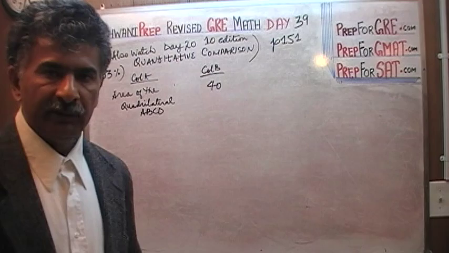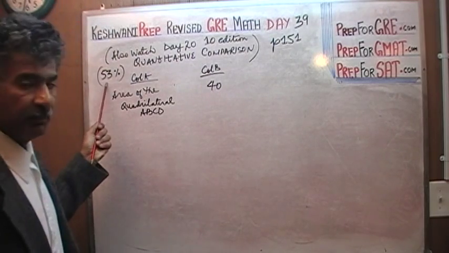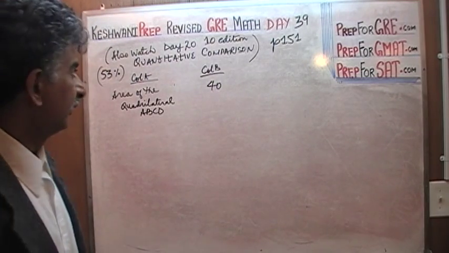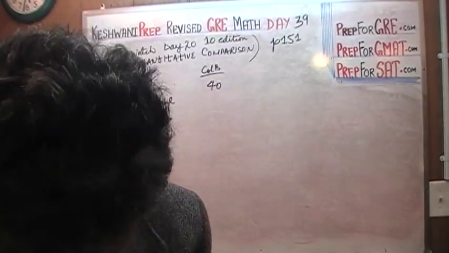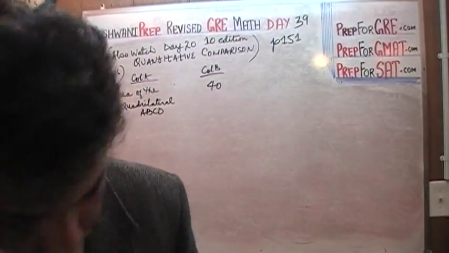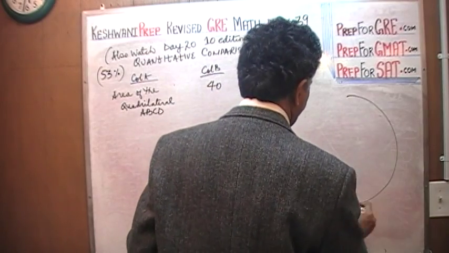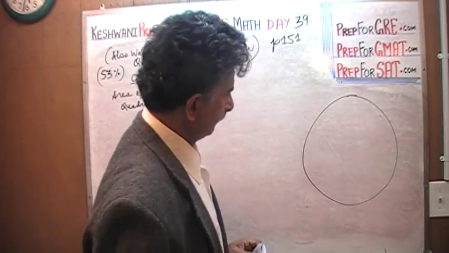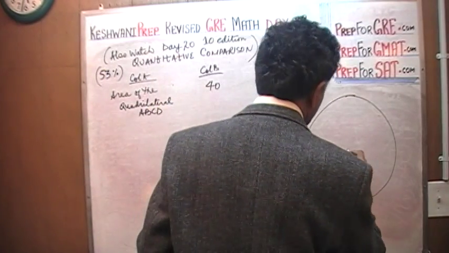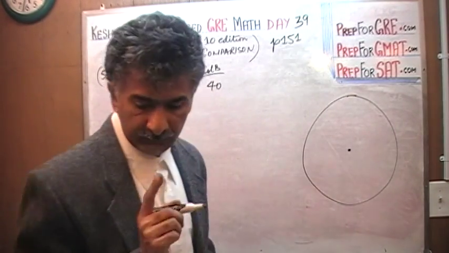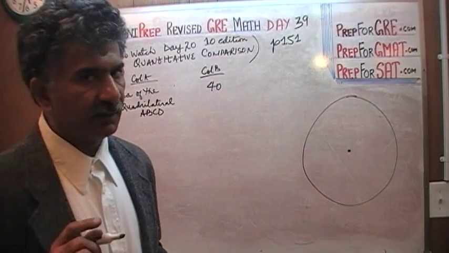There are some questions that they have reused, and this is one of them. When this question was given, 53% of the people got it right. About half the people had trouble with it. Let's see what it has. We are given a picture here that looks something like this. We have a circle here. Let's put a center here just for our convenience, even though the picture itself does not give us a center.